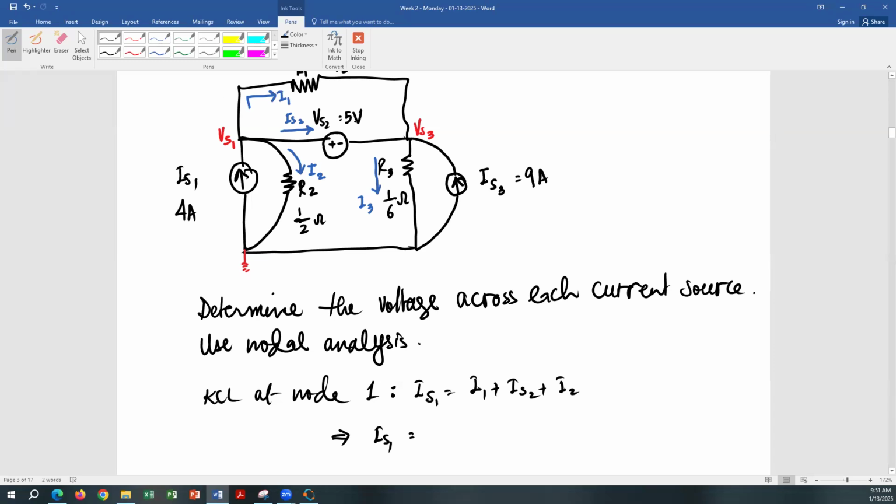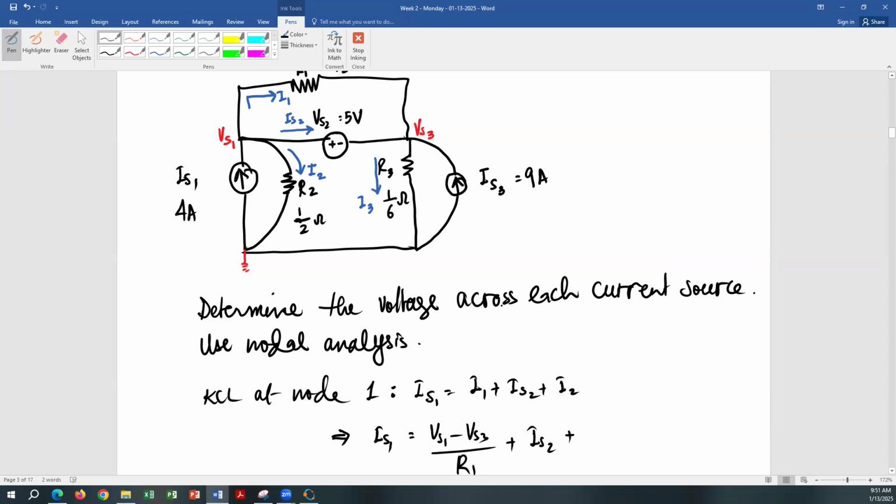Do not change it for different nodes. Just always stick with the direction of current that you're choosing and write the equation according to that. So right now, it's going to be VS1 minus VS3, because current is going from the VS1 node to the VS3 node. So VS1 minus VS3 divided by the resistor value. All right, IS2 we already know.